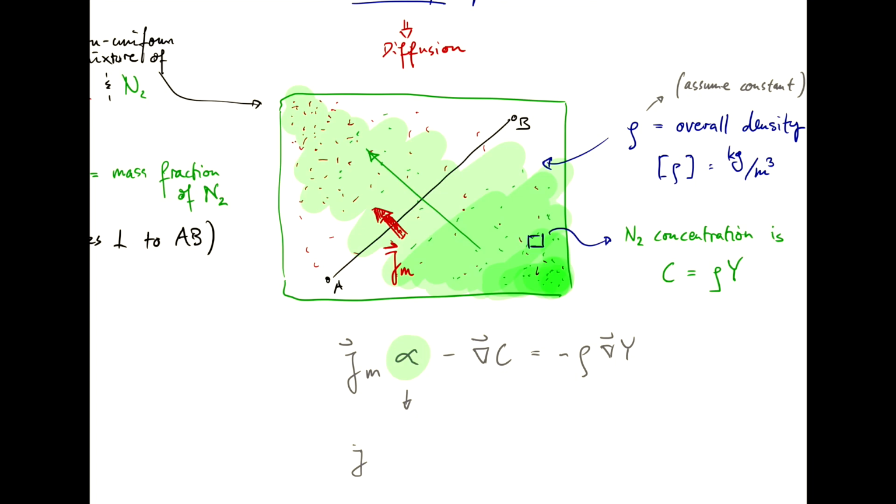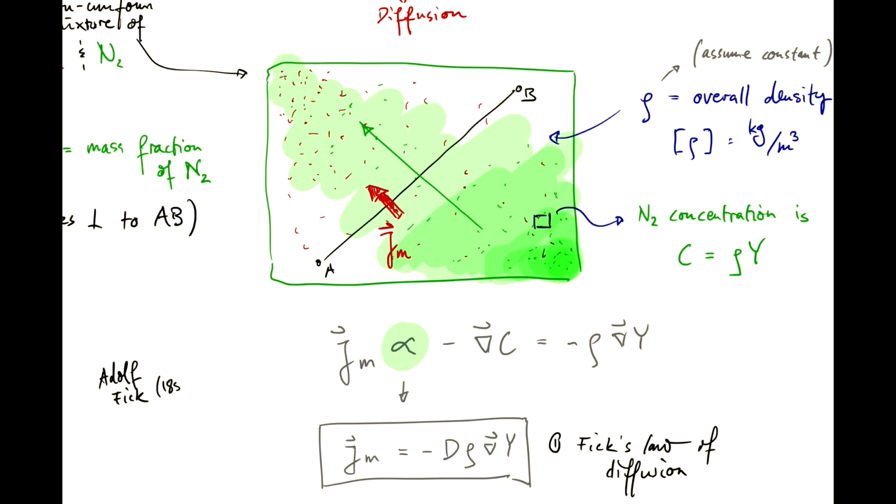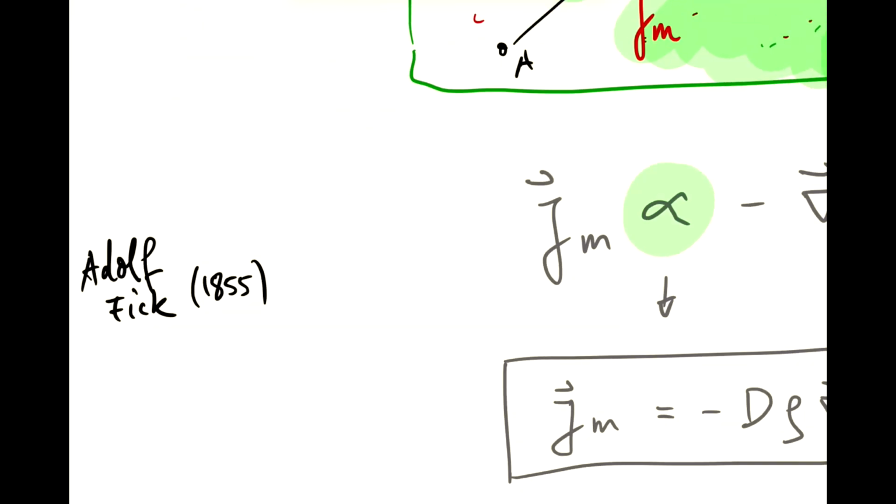So Jm is equal to minus the diffusivity D times rho times the gradient of Y. And this relationship is known as Fick's law of diffusion. And it is named after a German-born physician and physiologist, Adolf Fick, who came up with this law in 1855.